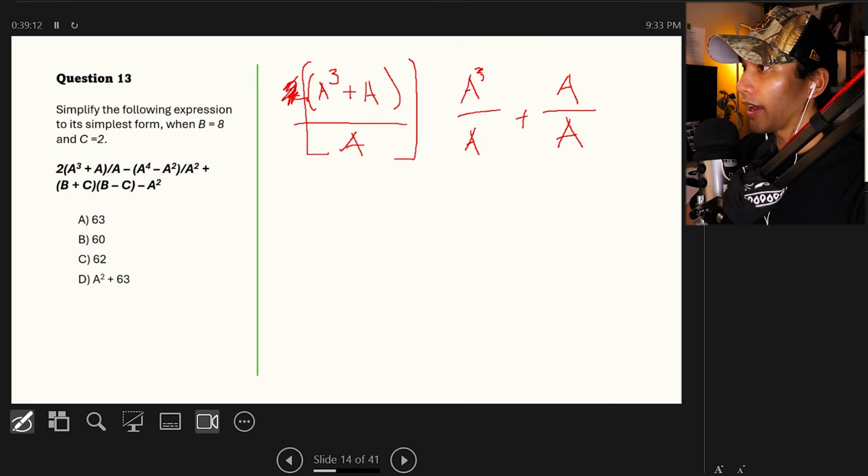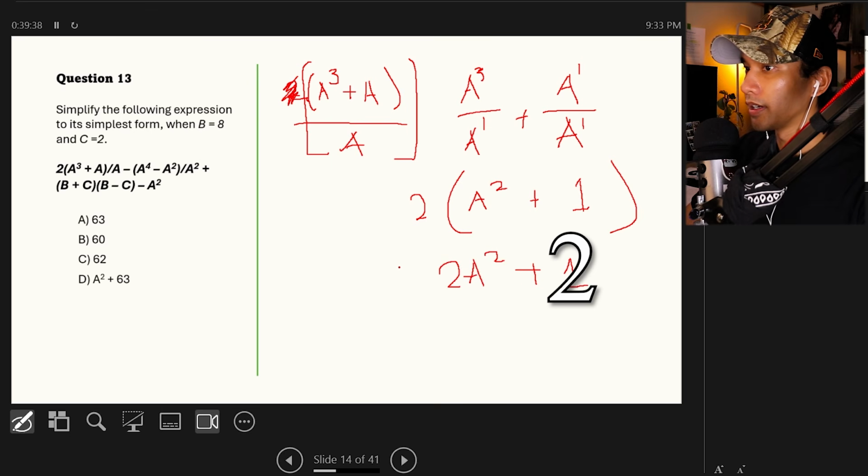And remember, a cubed minus a1 equaling a squared, plus what's a1 divided by a1? We learned that from our other question. It equals just 1. So this simplified is just a squared plus 1. And then we could put the 2 back, distribute: 2a squared plus 1. So this is this whole part here, simplified. And it doesn't look as scary as it does right now.